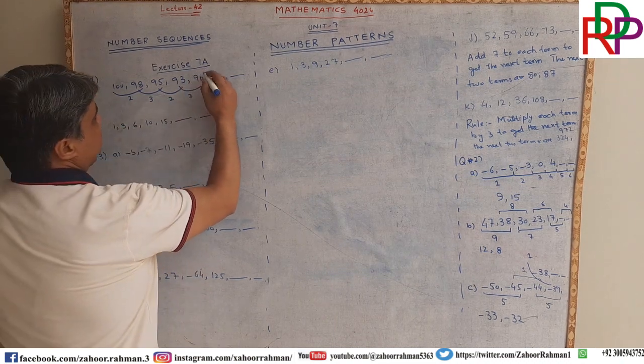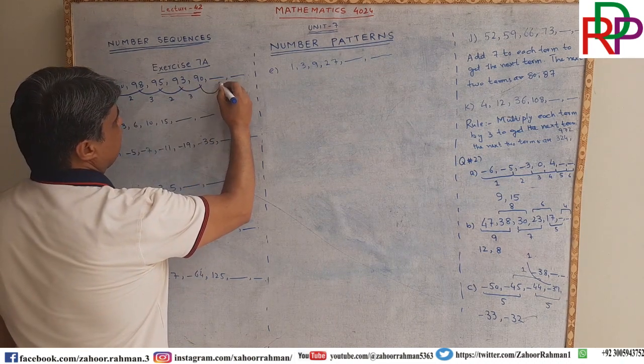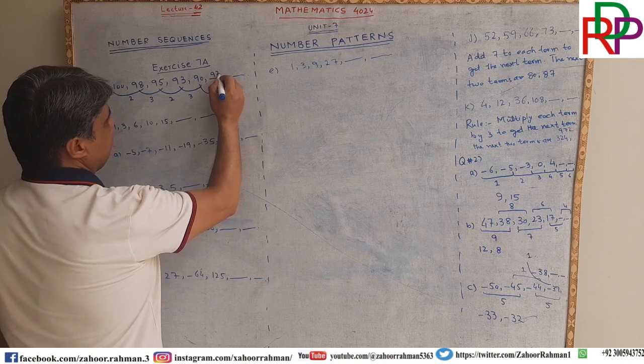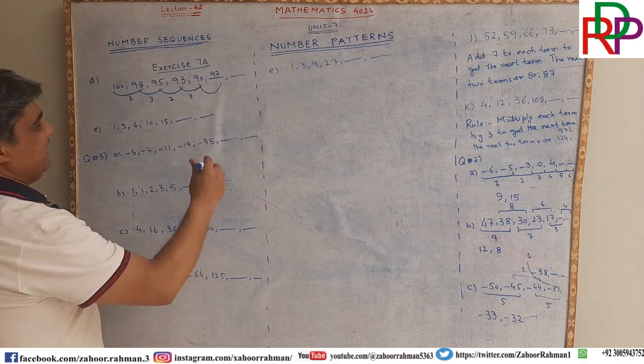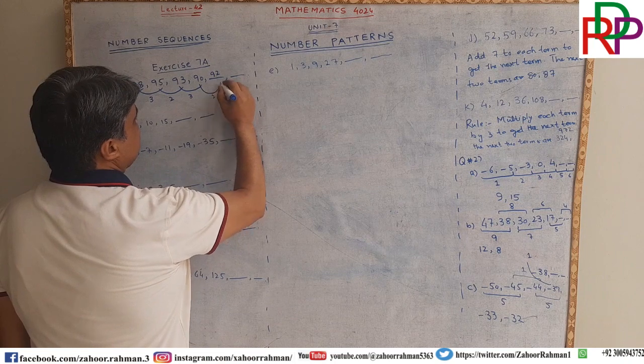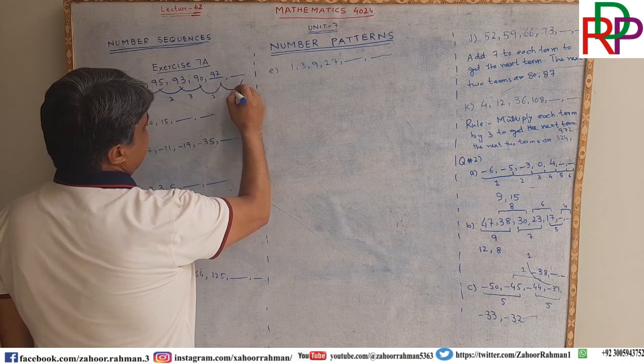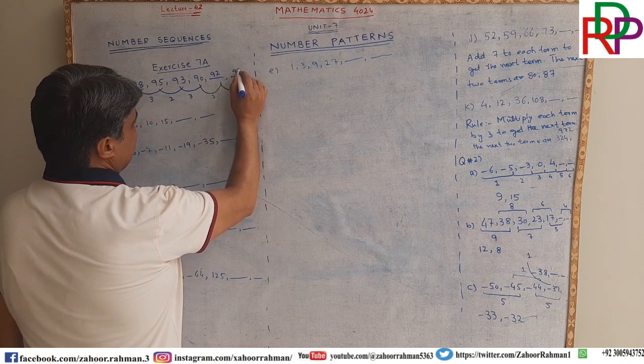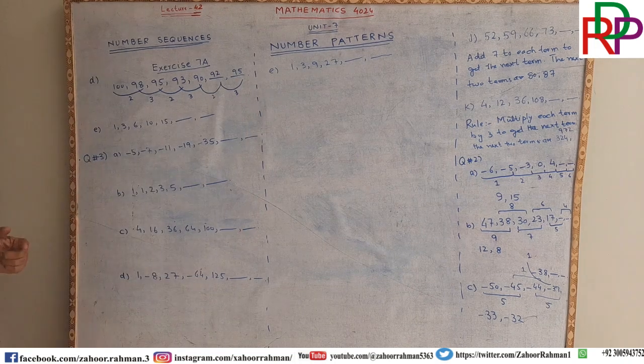The next one will have a difference of 2, so that will be 92, and the next will have a difference of 3, so it will be 95. So the next two terms are 92 and 95.